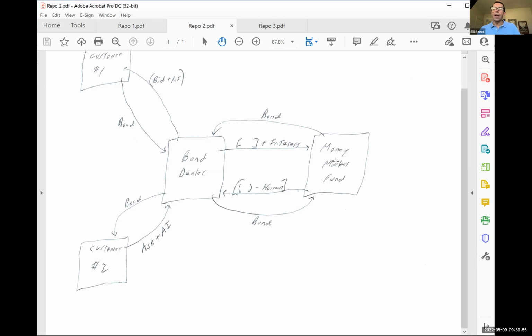Now, the money market fund is not out to try to make the highest interest rate possible. Okay, what money market funds typically do is they ensure that if you as a retail customer want to park some money in a money market fund, you park $100,000 there.